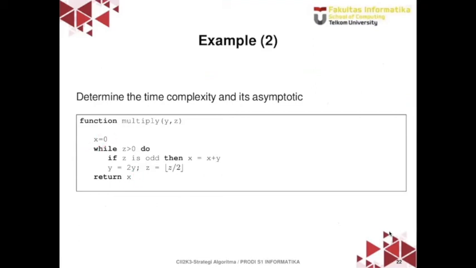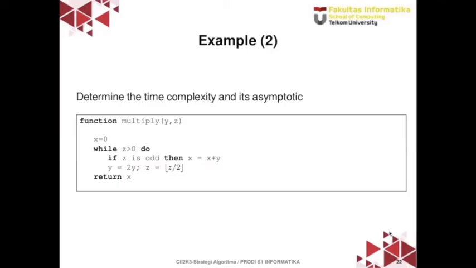So we have 0 as x first, and if z is larger than 0, we check if z is odd. If so, we add y to x. If not, we double the y, and we divide z by 2. And we do this loop as long as z is larger than 0.